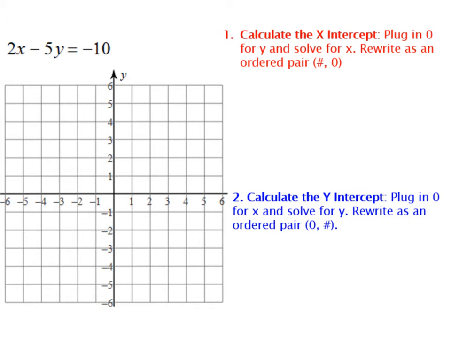The equation we're going to graph in this example is 2x minus 5y equals -10. First, we're going to calculate the x-intercept by letting y equal 0. So if I rewrite my original equation where y equals 0, I could say 2x minus 5 times 0 equals -10.